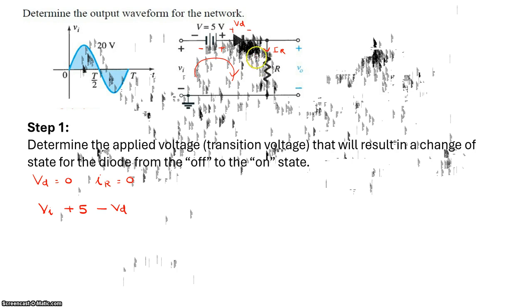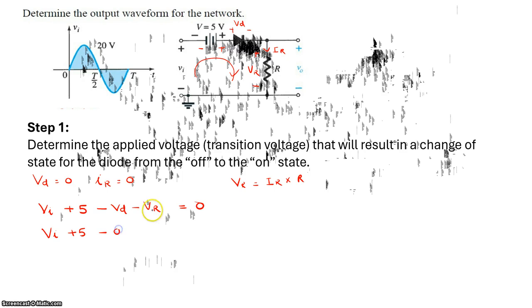The current is flowing down, plus to minus, so that means minus the voltage across the resistor, which is IR multiplied by R. So VR is the current through the resistor multiplied by R, and it should be equal to 0. This is your KVL. So now you see here it is Vi plus 5.